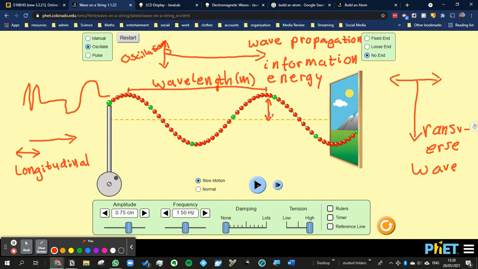Now, of course, if we didn't have a reference line, and it's a bit frustrating, I'd like to turn that one off really to demonstrate what I mean. You can imagine a wave just being drawn like this, and the biggest trick question I've noticed is that it's a water wave on something like this, and they might give you the height from here to here.